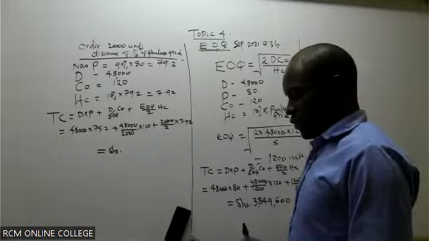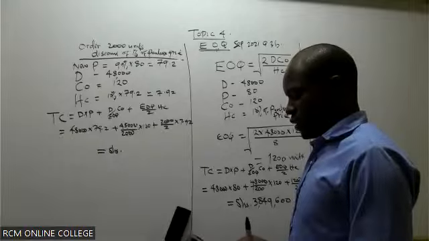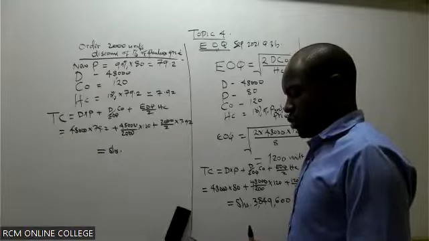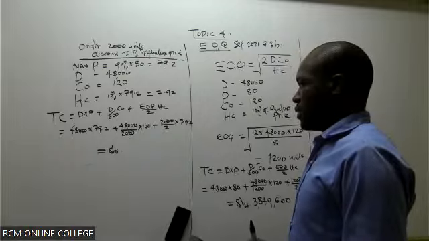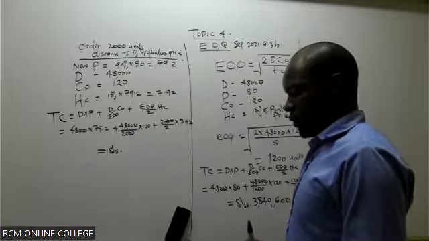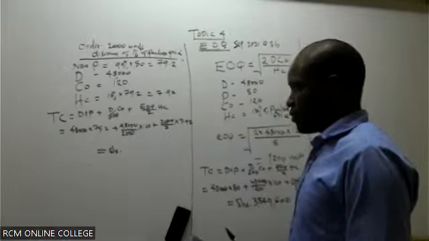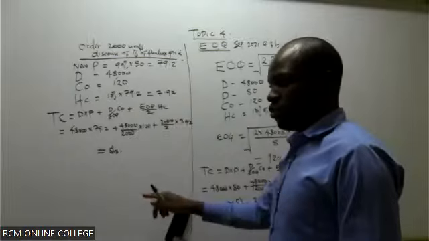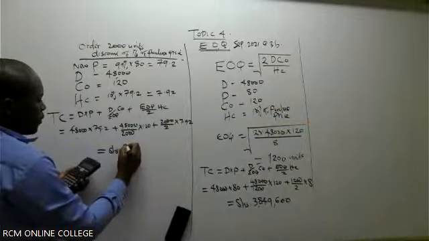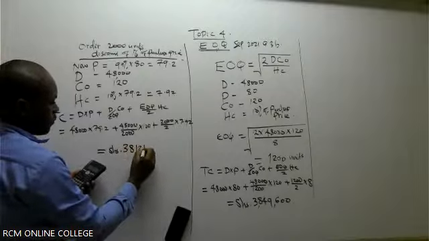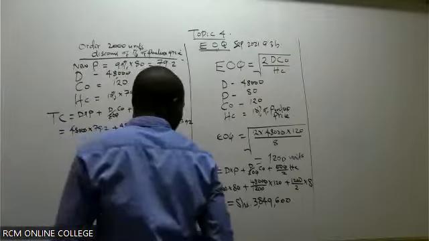We add 48,000 times 7.92, 79.2, plus 1,000 times 7.9. This one should be giving us 3,812,400. So whoever is getting something away from this, just know something is wrong.